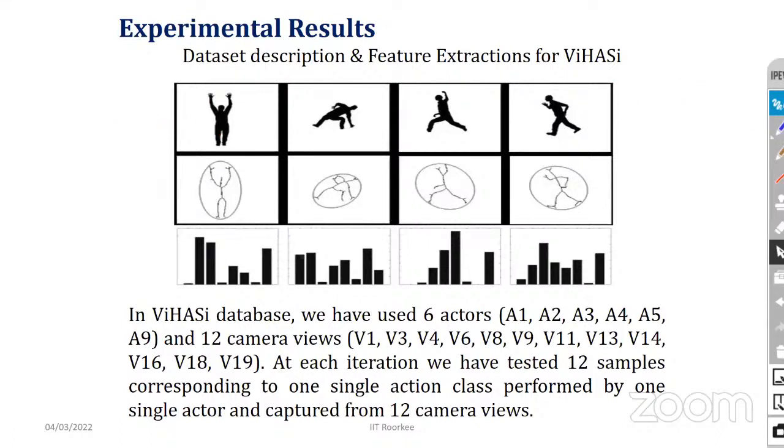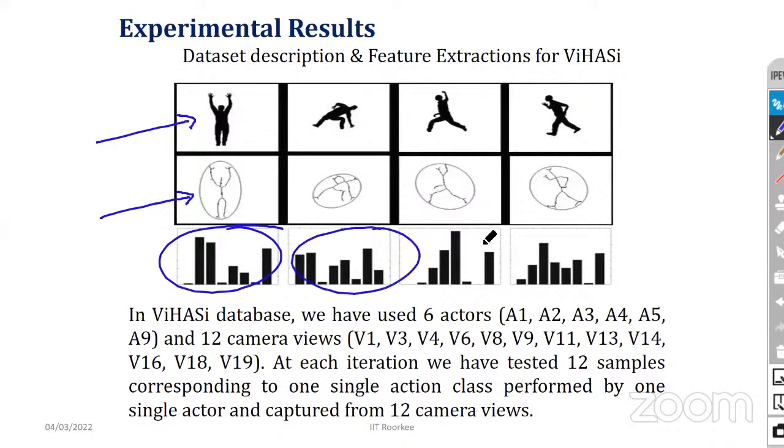Then you go for the skeleton and then you are finding out the features. Now you apply a classification algorithm, or LDA tree, or SVM tree, or neural network, or deep learning. And then this will give you the classification result.